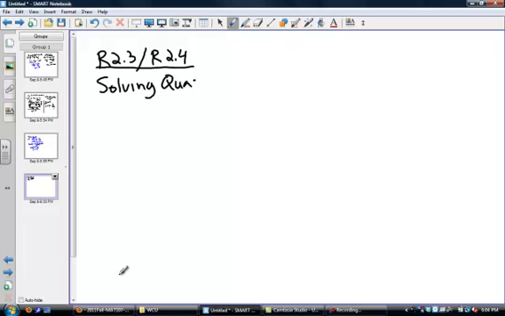solving quadratic equations. And the thing is that there'll be more than one way to do it. In the hierarchy of how we want to try to solve it, the first way we like to do it is using what we did back in section R1.6, just factoring. If we could get our factoring skills up to par, then we can solve these.